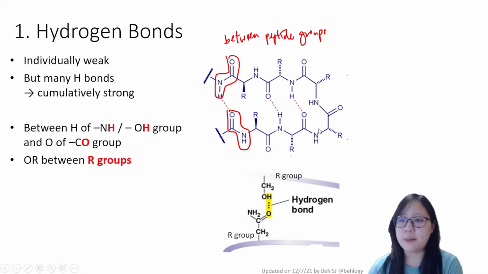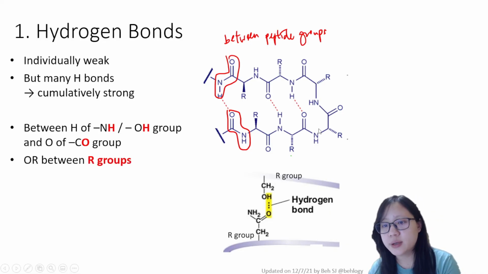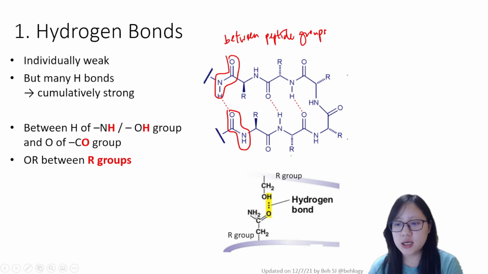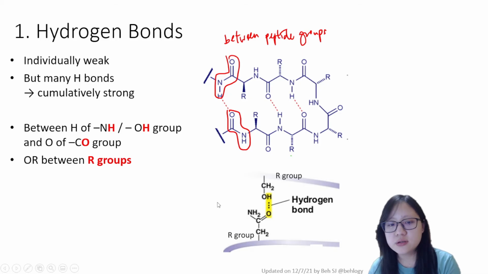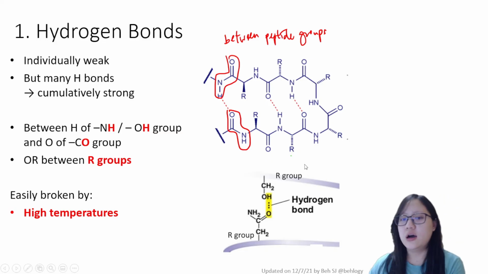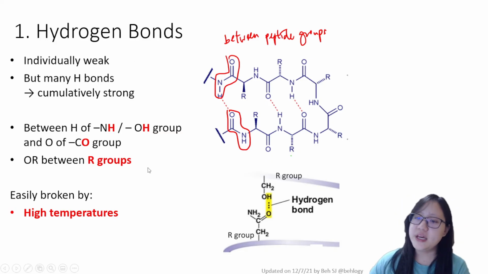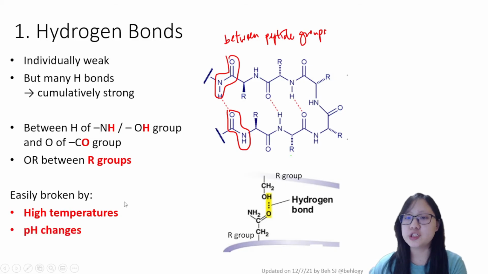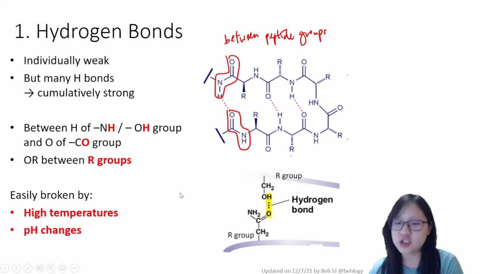Or this could happen between R groups as well. So these are 2 different R groups, and you can see how the oxygen and hydrogen would have some kind of bond like this. Again, these are individually weak, so they are easily broken by high temperatures and pH changes.